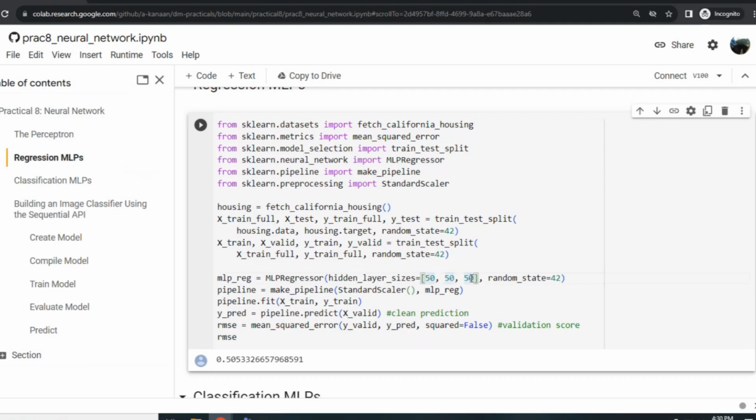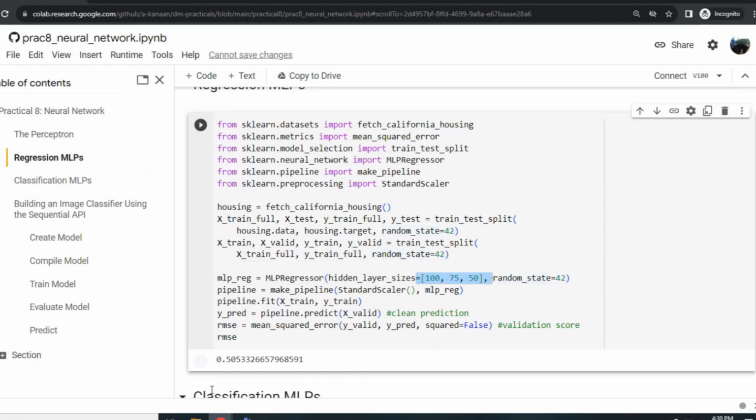If you like to change, up to you. You can tweak and change around. Maybe you put here 100, maybe this one 75, this is 50, for example, up to you. Usually the first hidden layer will have a higher number of neurons. As you go deeper, the number of neurons will become less and less.